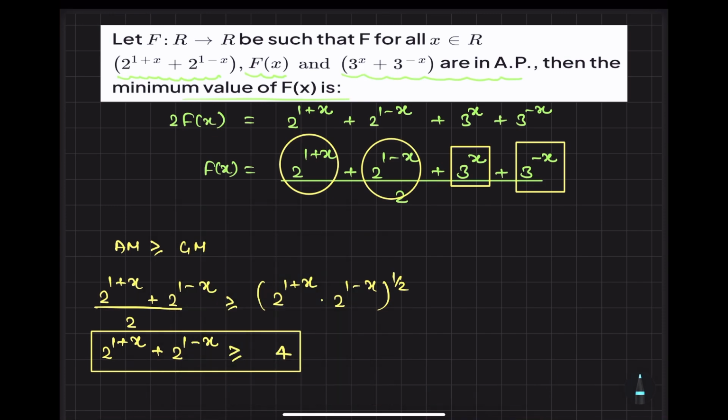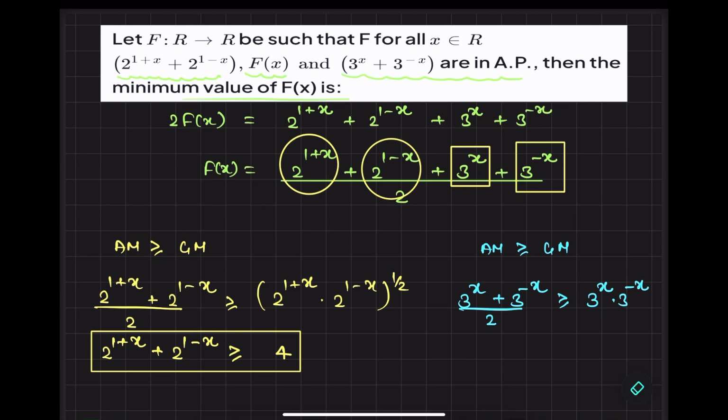Now focus on the next one, 3 power x and 3 power minus x. Here also we will apply the AM greater than or equal to GM concept. So 3 power x plus 3 power minus x by 2 is greater than or equal to 3 power x times 3 power minus x, all to the power 1 by 2.